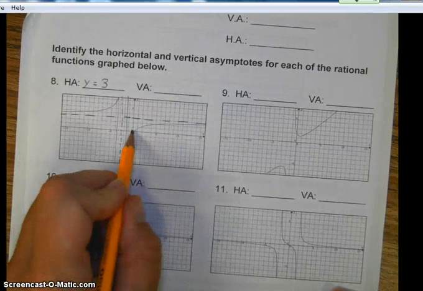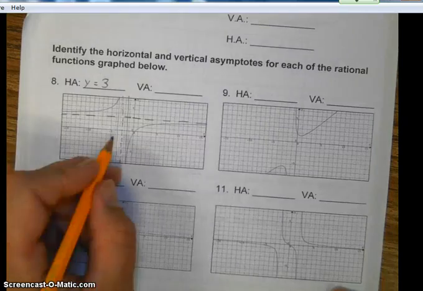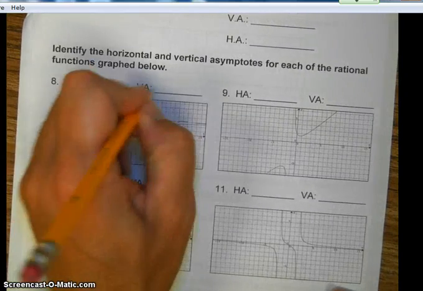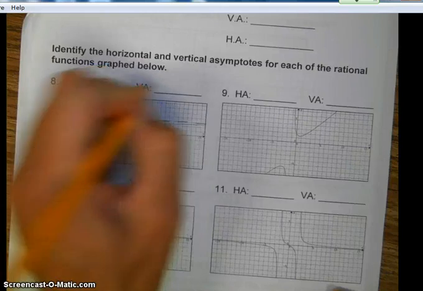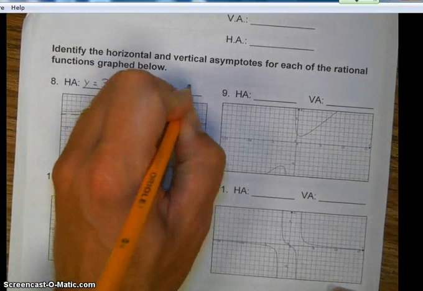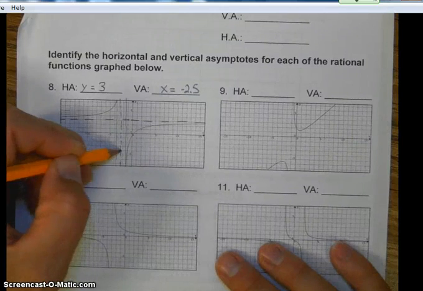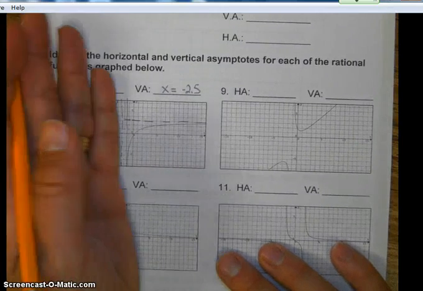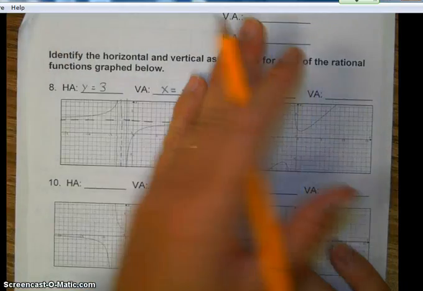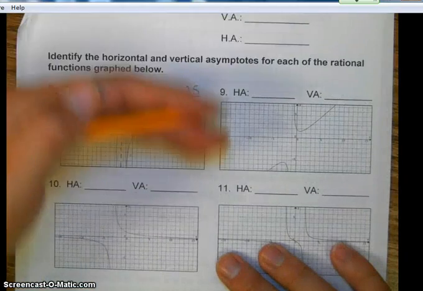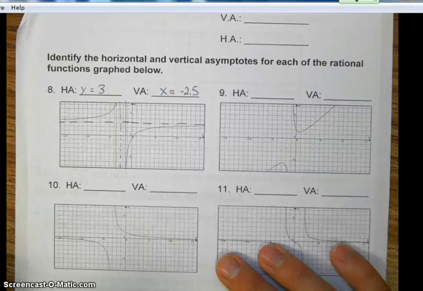So that's going to be -1, -2, -2.5. So x equals -2.5. We're looking for a line that cuts it in half. So left from right, vertical asymptote. Top from bottom, that's your horizontal asymptote.